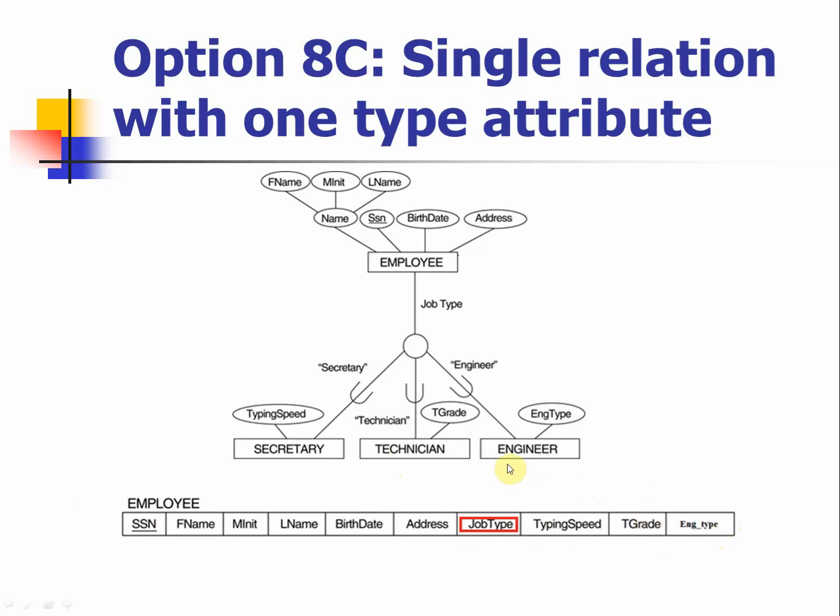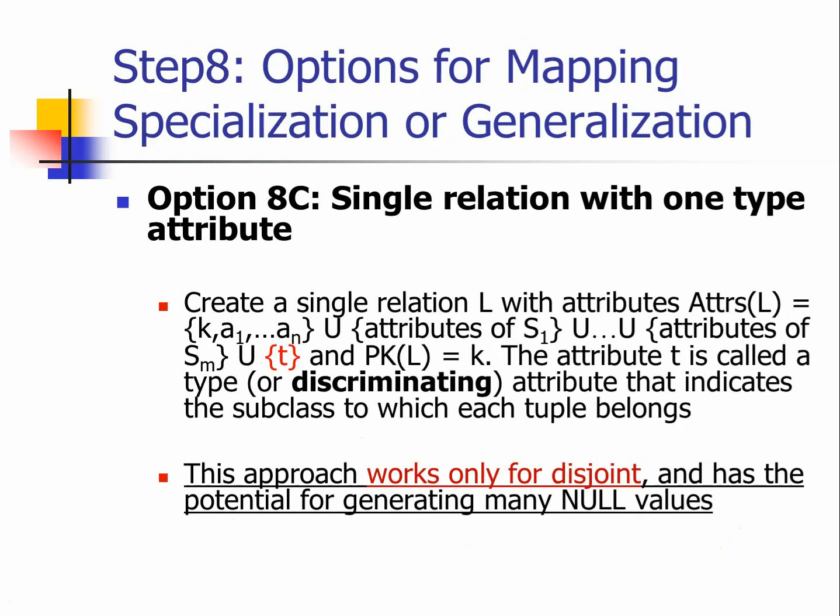So let's take a look at how this is described formally. What this is trying to do is create a single relation only, with all the attributes of the superclass, and then we also include all of the attributes from the subclasses: all the attributes from subclass 1, all the attributes for subclass N. And then we have this attribute T indicating how we do the specialization.